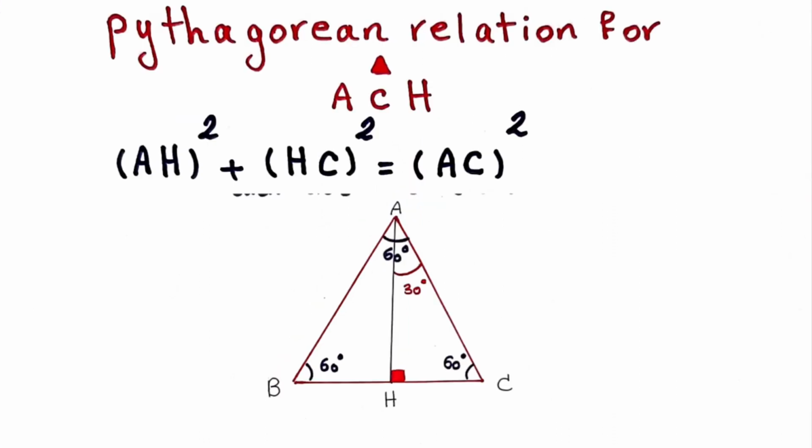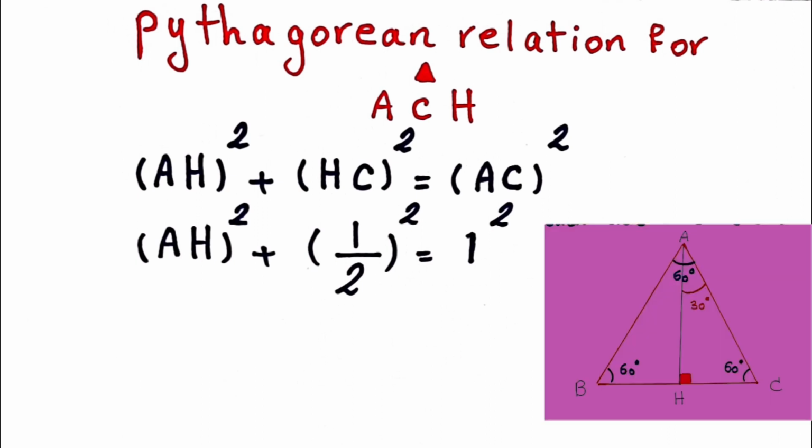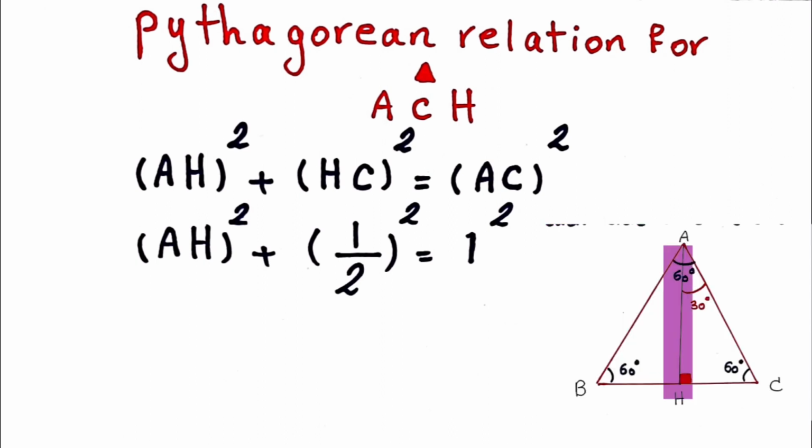Now, we write the Pythagorean relation for the triangle ACH. The side AC is the hypotenuse of this triangle. ABC triangle is equilateral, therefore the bisector of angle A is the perpendicular of its opposite side BC. So the size of HC is equal to 1/2.